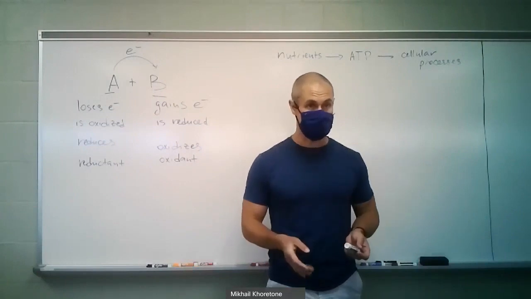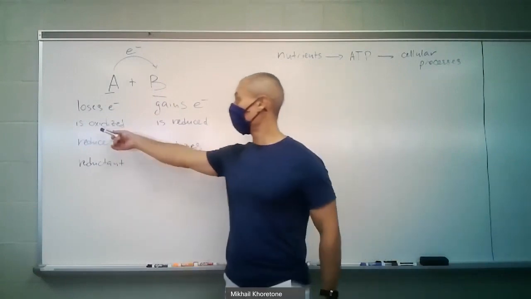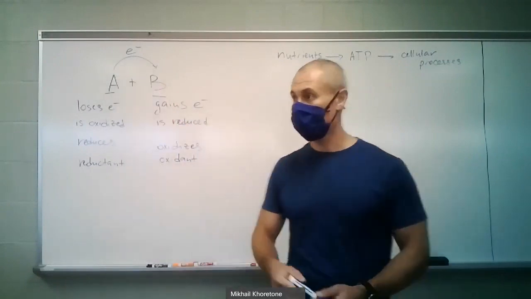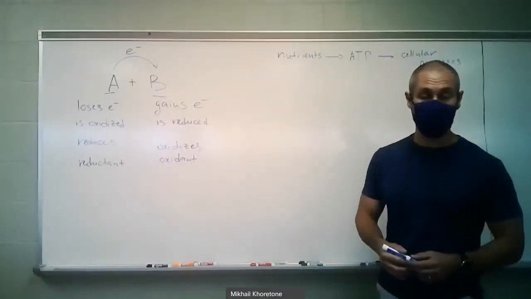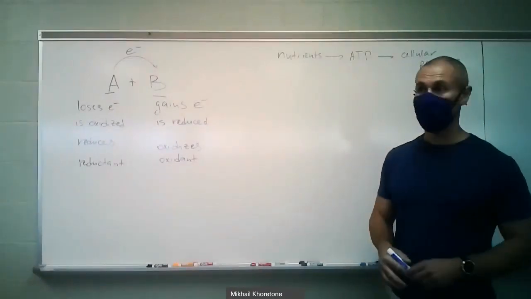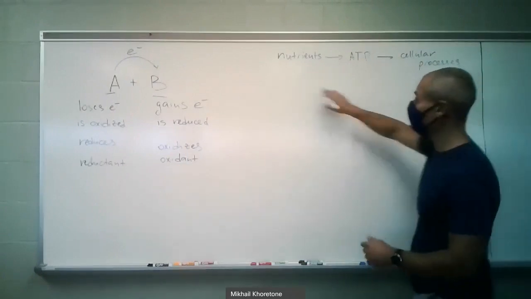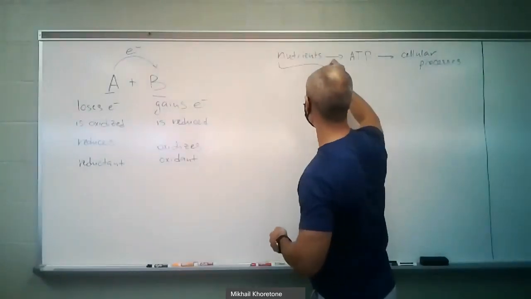Does that make sense? So since oxidation and reduction is about the electron transfer, we're going to be discussing this approach from the standpoint of electron transfer. And broadly speaking, we're going to focus on this process right here.